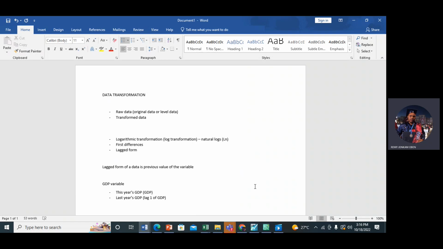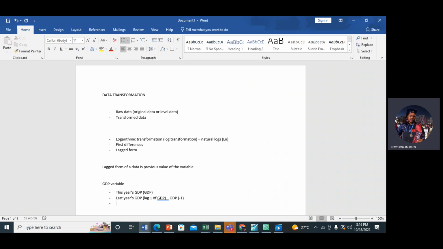So when you hear of lag 1, it means previous one period behind, last year, right? And how we can write it, we can just write it as GDP open bracket -1. So when you see GDP(-1), it means lag 1 of GDP, that is 1 period backwards.